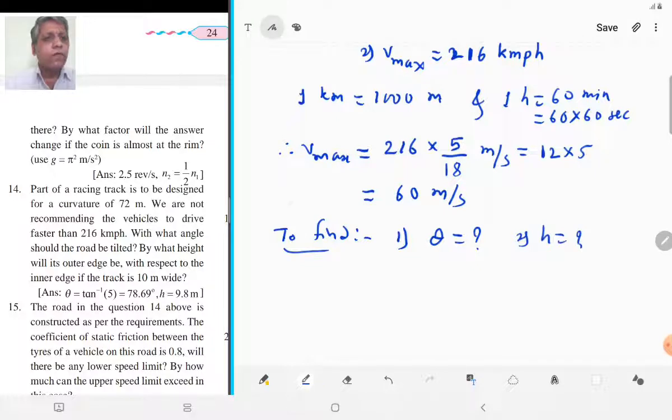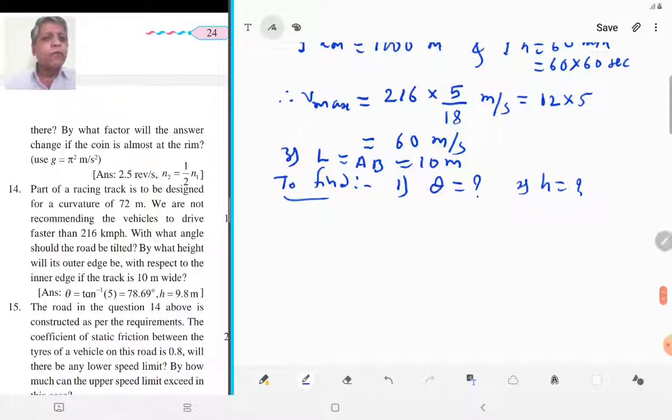Third point is given, the road surface L is equal to AB, that is equal to 10 meter is given. Therefore to find out these values, we use the proper formula.